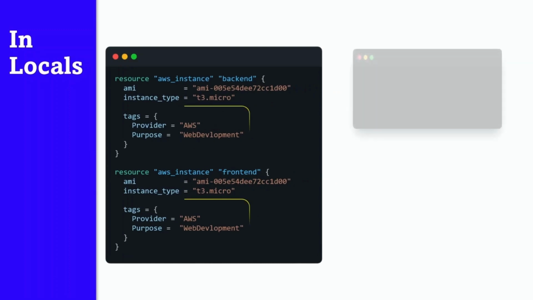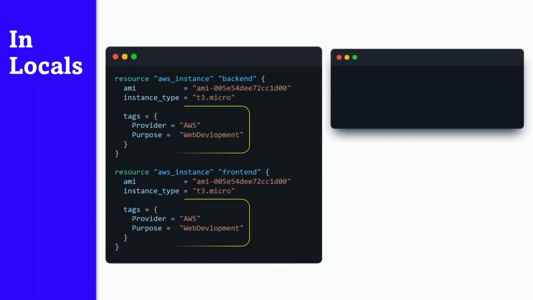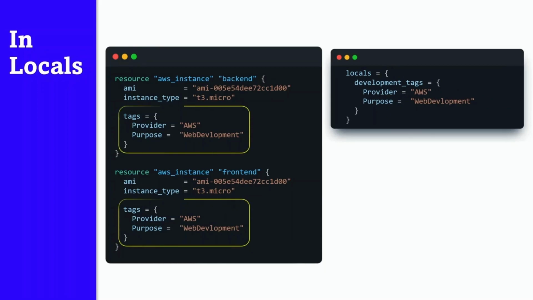In local values, we also assign a name, but not to a single static value like a variable. Instead, we assign it to an entire expression. An expression that is being repeated multiple times in your code and has the possibility of changing its value in the future. Even if it doesn't change, it's a common expression that is being repeated.